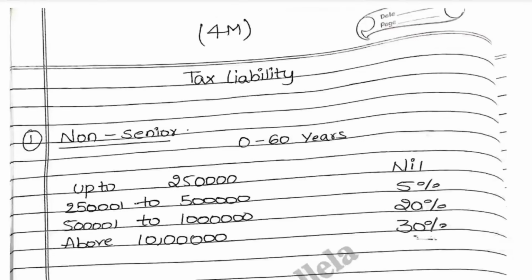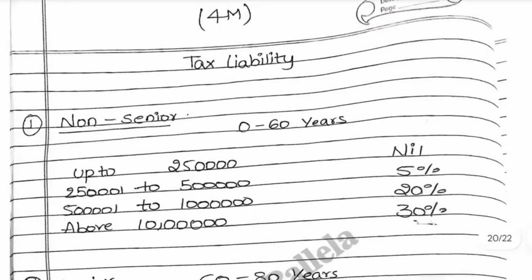Yes, and 2,50,000 1 rupee to 5 lakhs it is 5%, 5 lakh 1 rupee to 10 lakhs it is 20%, above 10 lakhs it is 30%. You must remember this, compulsory, you need to remember these things. What are the percentages for non-senior? If age is not given in the question, you need to consider them as a non-senior only.